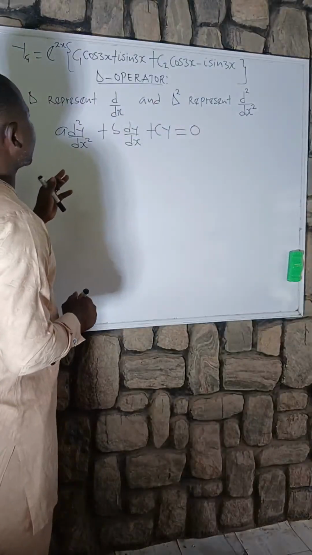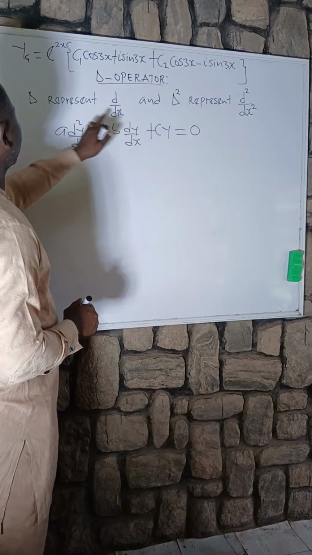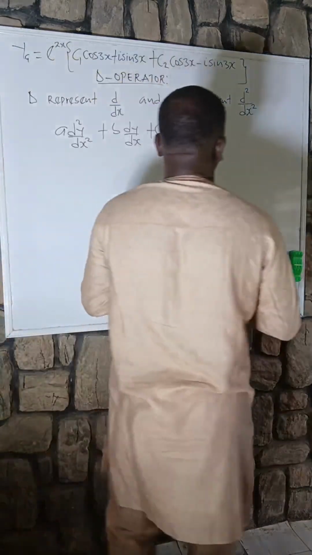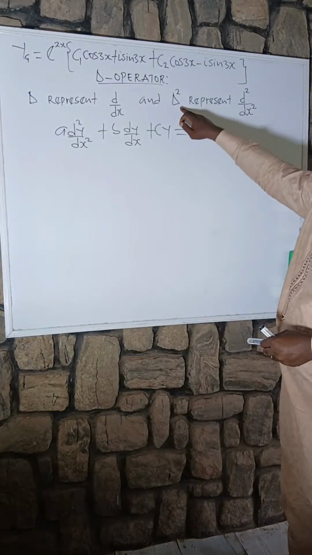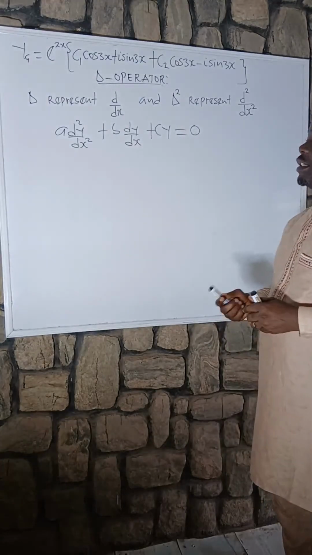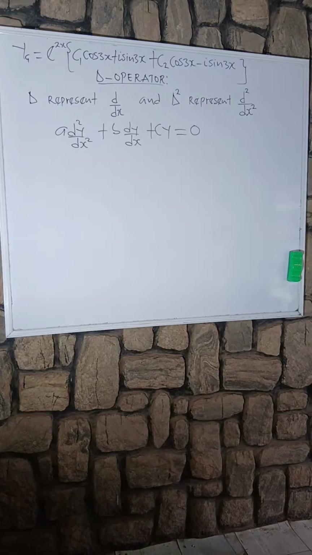So it means anywhere you see this, you write D. Anywhere you see this, you write this. Is that clear? Do you agree with me? Are you following? Yes or no?